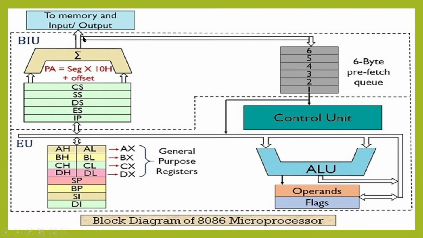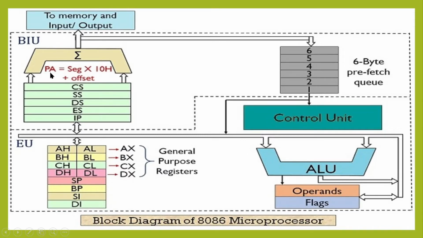The physical address lines out of the IC are A0 to A19. But internally, all the registers, segment registers and the IP register are 16 bits wide. So we need a mechanism to convert the 16-bit logical address into a 20-bit physical address. For that purpose, this summer is used here.